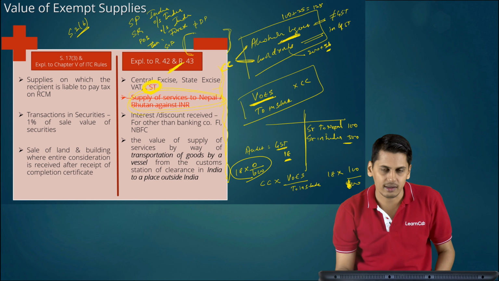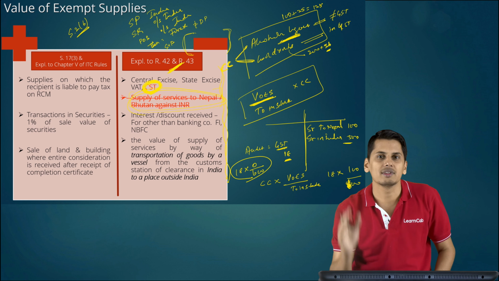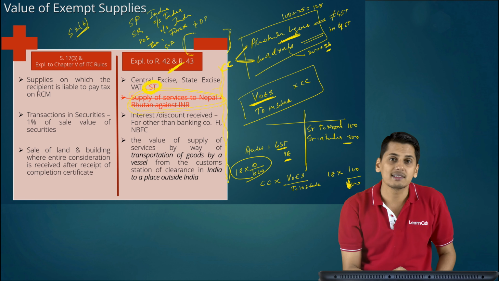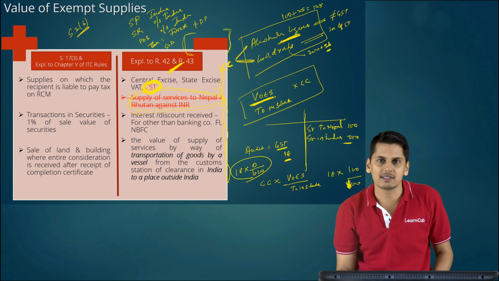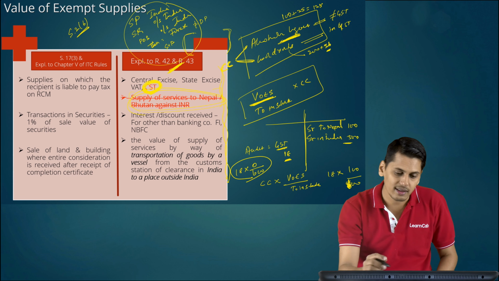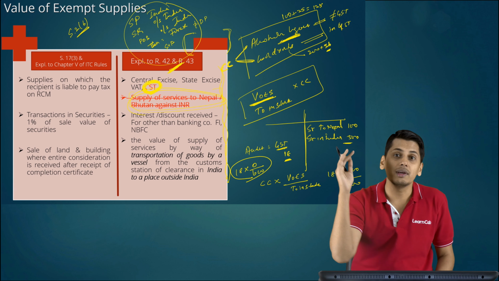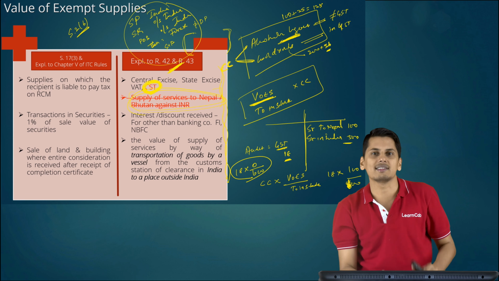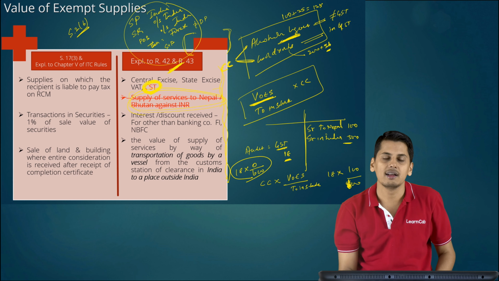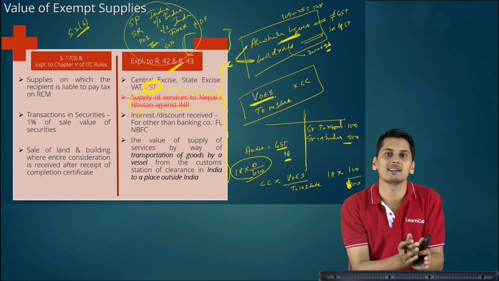So now friends, coming back to our example, you supply services to Nepal and Bhutan, receiving consideration in INR and it is permitted by RBI, it becomes an export of service, it is zero rated supply.